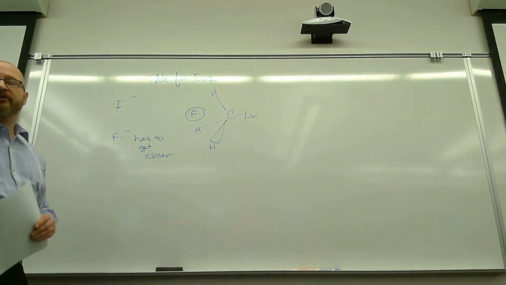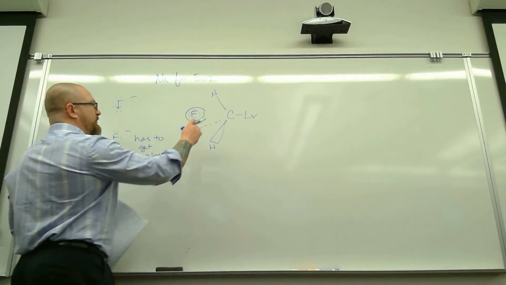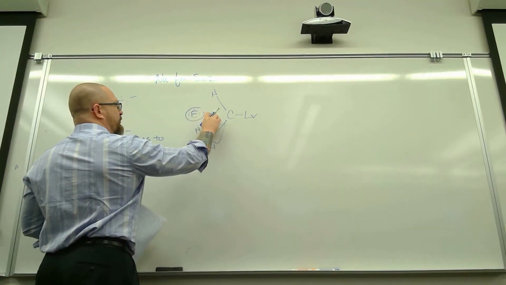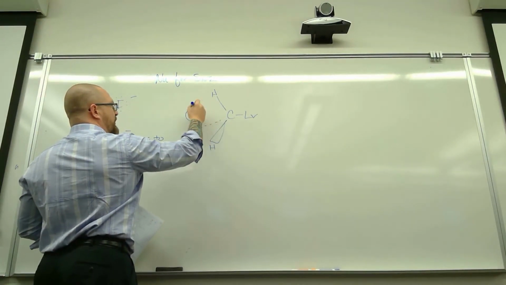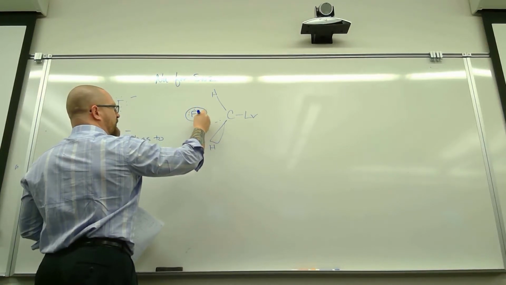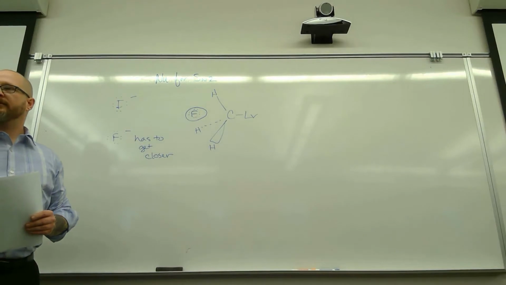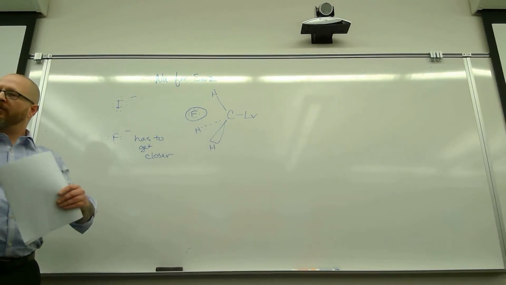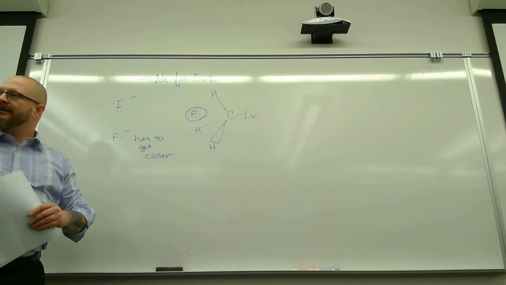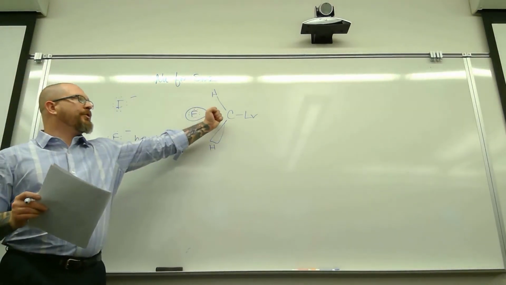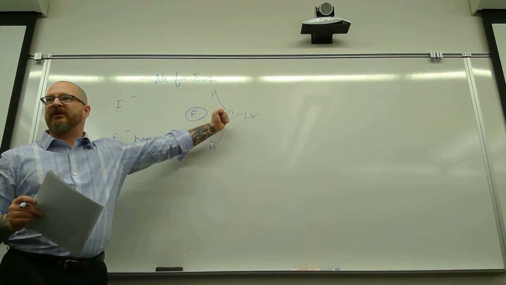Because one, it's smaller, so it has to get closer, but also because as these electrons start to move into this antibonding orbital, they're going to cause a little bit of distortion to that electron cloud. Fluorine holds its electrons so tightly that it's hard to distort that cloud, so this fluorine has to get even closer to this carbon for this reaction to take place.